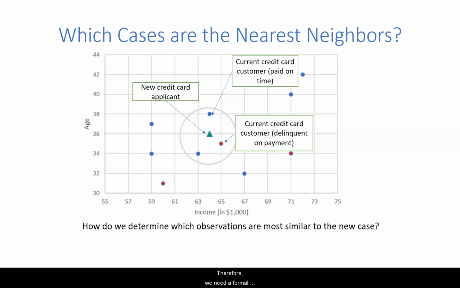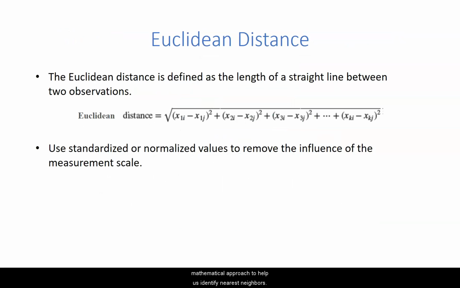Therefore, we need a formal mathematical approach to help us identify nearest neighbors. Let's first talk about similarity and distance measures. Technically, any distance measure can be applied to the KNN technique, but the most popular distance measure used in KNN is the Euclidean distance that we discussed before.